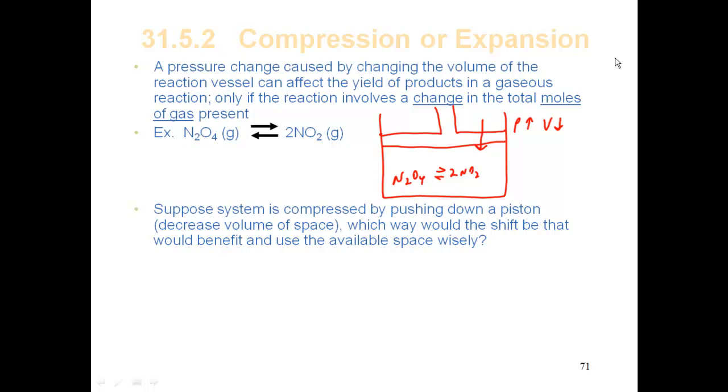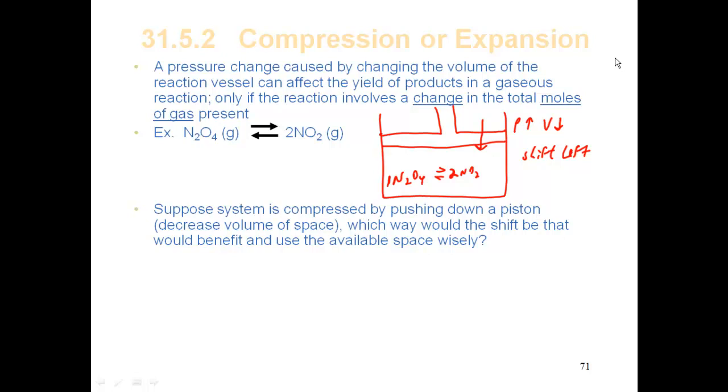Well, you have 1 mole of N2O4 compared to 2 moles of NO2. So I've got 2 molecules versus 1 molecule. What takes up less space? Fewer molecules. So by shifting to the left, in this particular case, I can relieve the stress. Why?